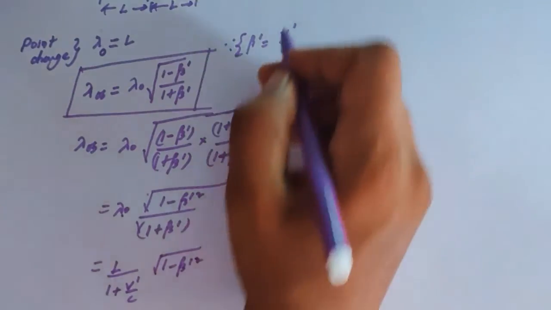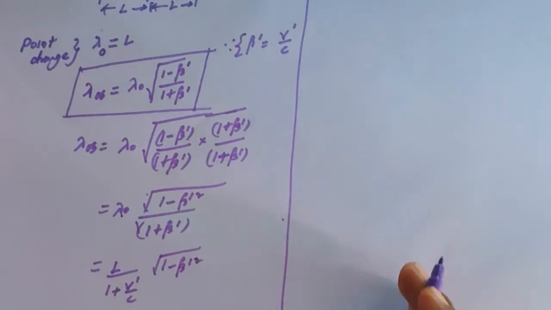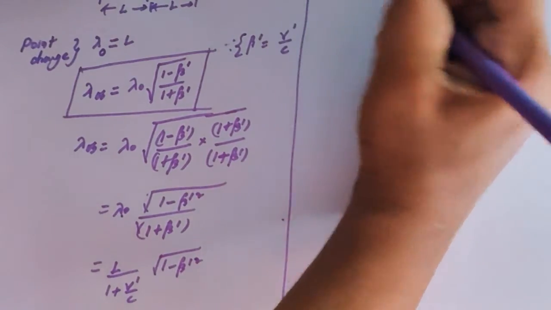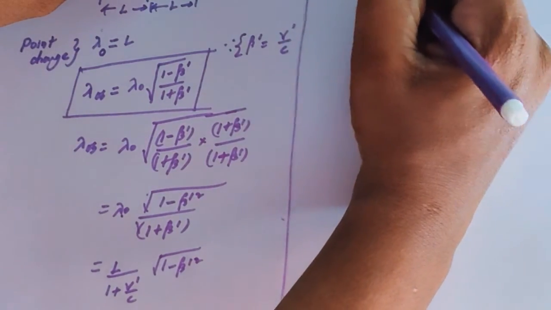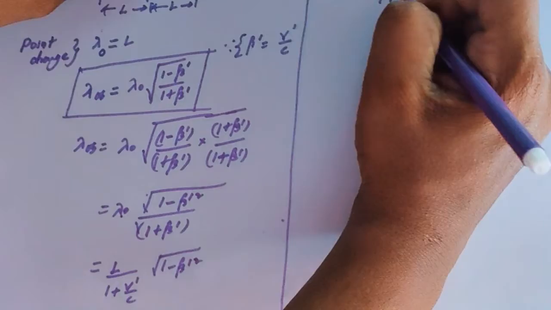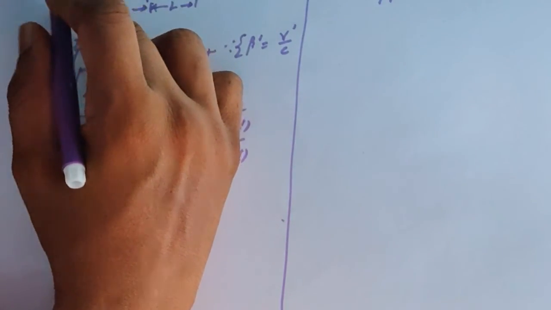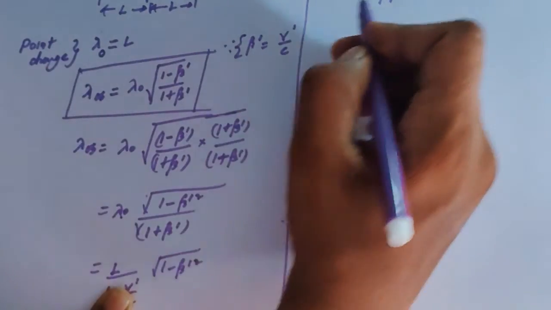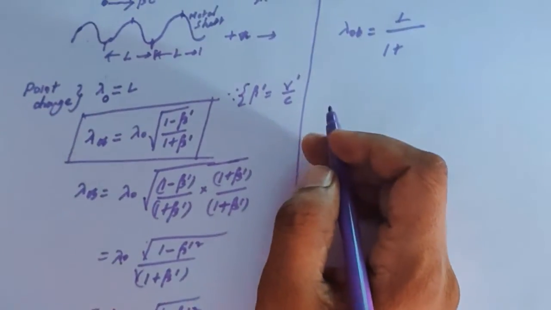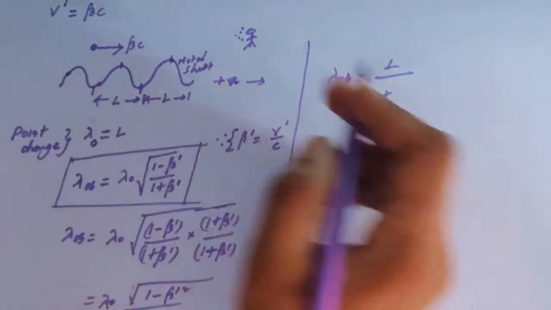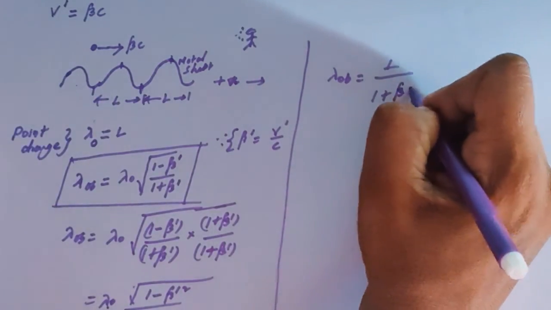V prime means the velocity of the moving point charge, which is beta c.